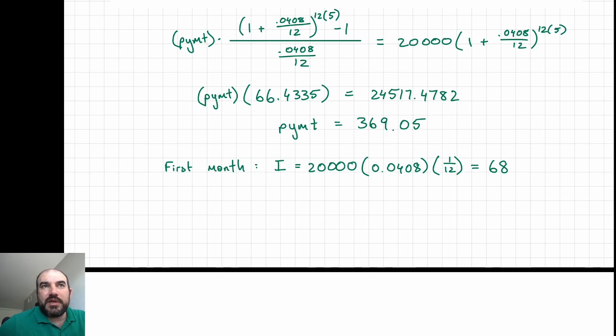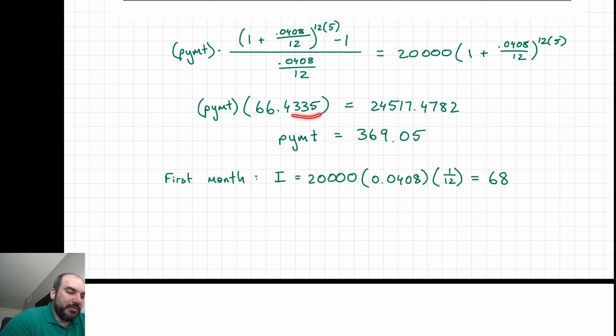Someone in the comments said the calculator, yeah, you may have rounded too early if you didn't get the calculation right. Make sure you're keeping 4 decimal places here and here. It's also kind of important how you plug this into your calculator and what kind of calculator you're using. If you're trying to use your phone, you have to plug this in a very specific way.